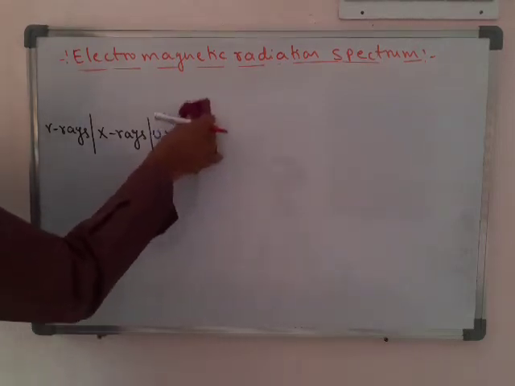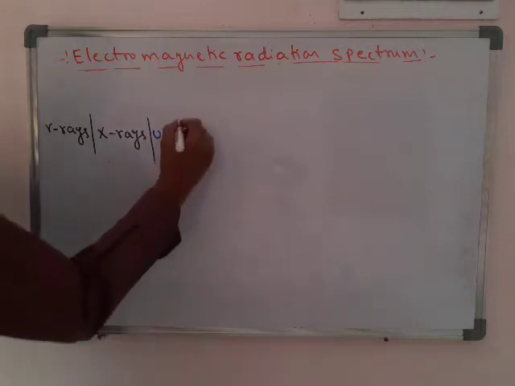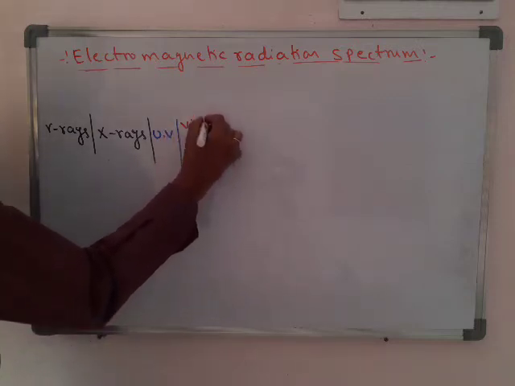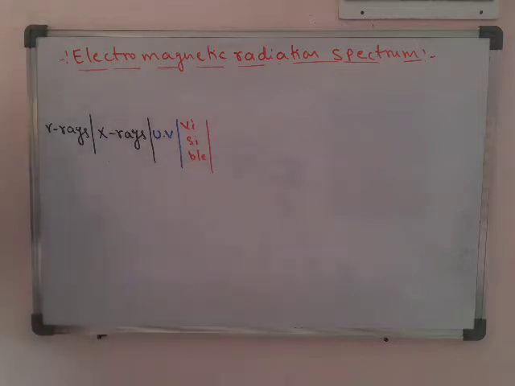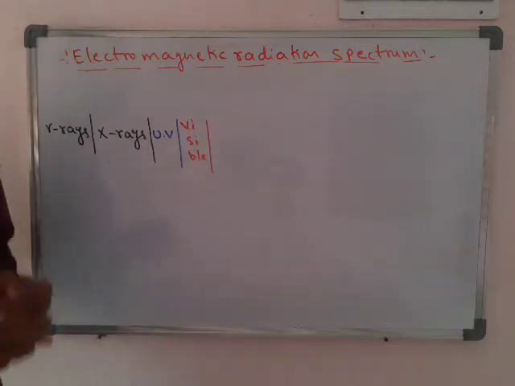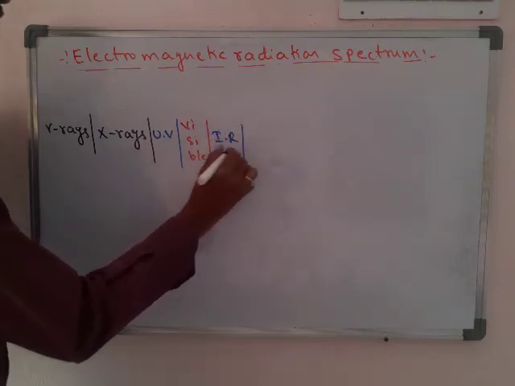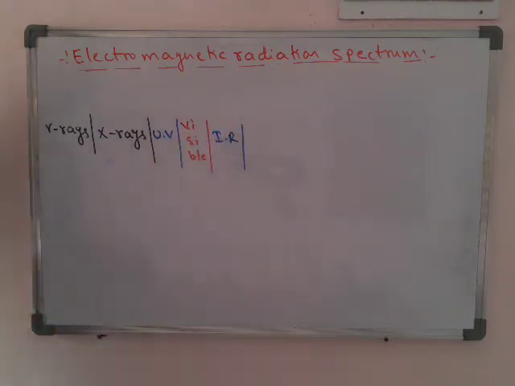So actually it is a very small region. The visible region is a small region. Next, infrared. IR here is the short form of infrared.